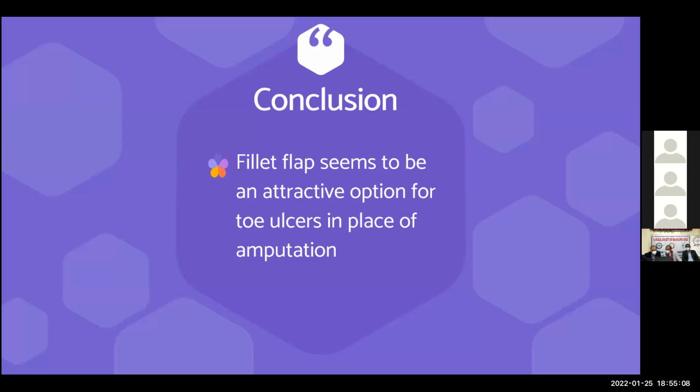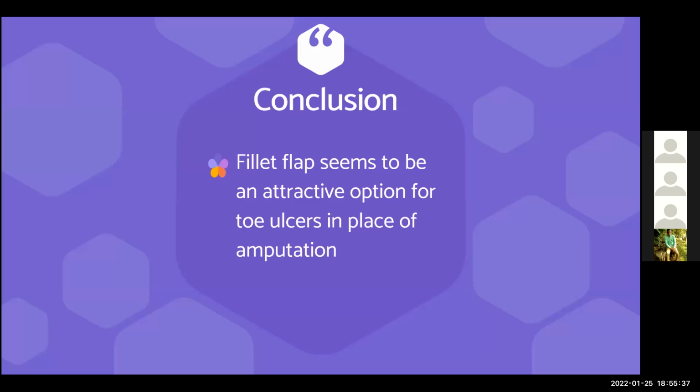So if there's only soft tissue infection and no osteomyelitis of the bone, then we look at what is the extent of the soft tissue infection. Can a flap be fashioned with the remaining viable tissue and used to close the wound? And if we find that the adjacent viable tissue is not sufficient to close the wound, then probably we would go for a total toe amputation.